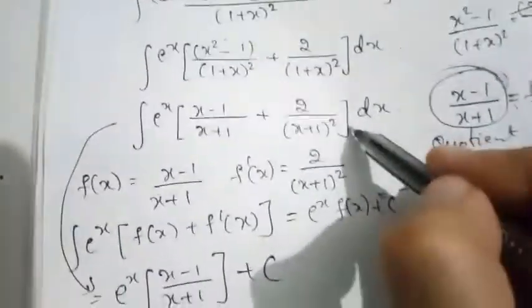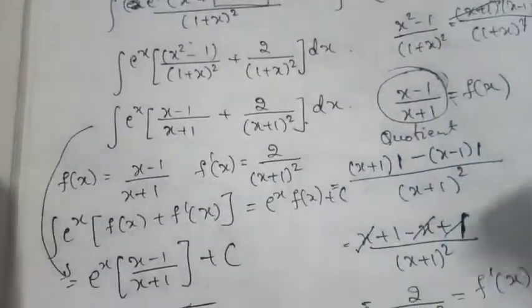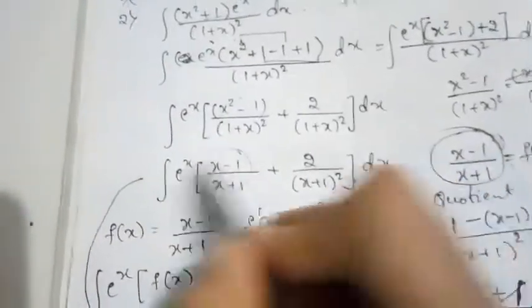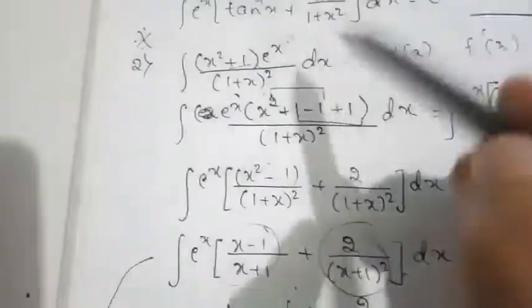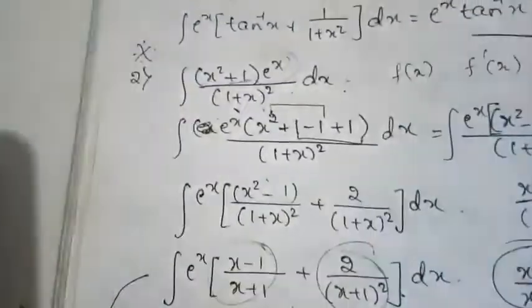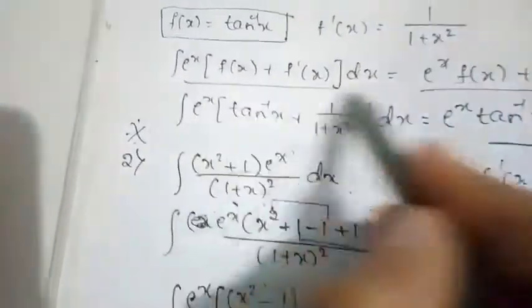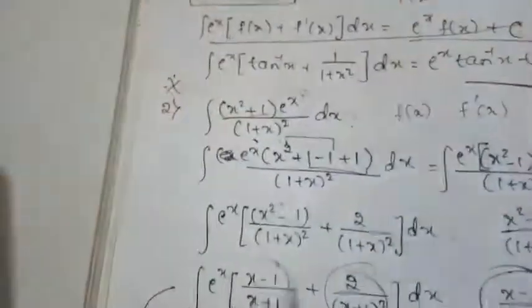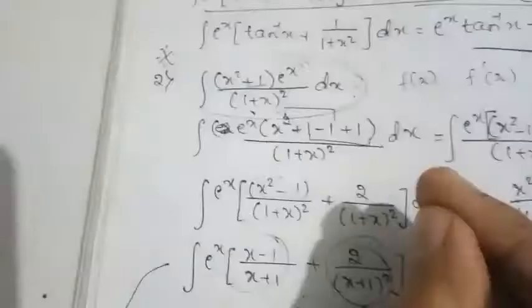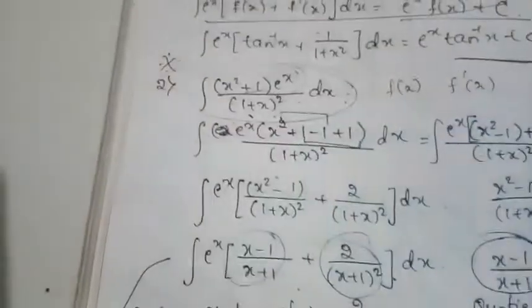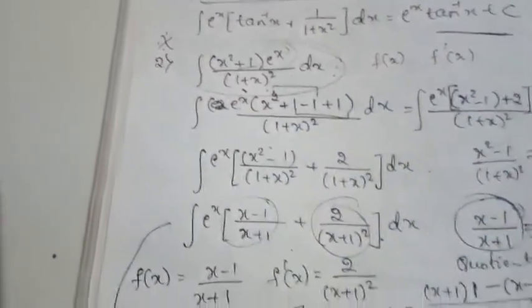So at this stage, our main agenda is to recognize which is f of x and which is f dash of x. Before that, recognizing the given question as being of this format, that is the big thing, because by looking at this question, you cannot at all say that it is of this format. So we need to identify the type in which it has been given.